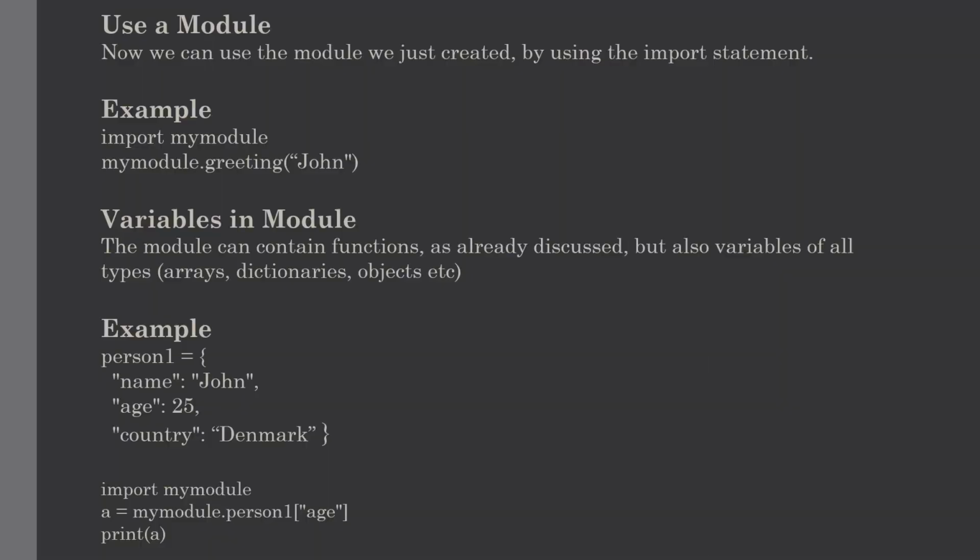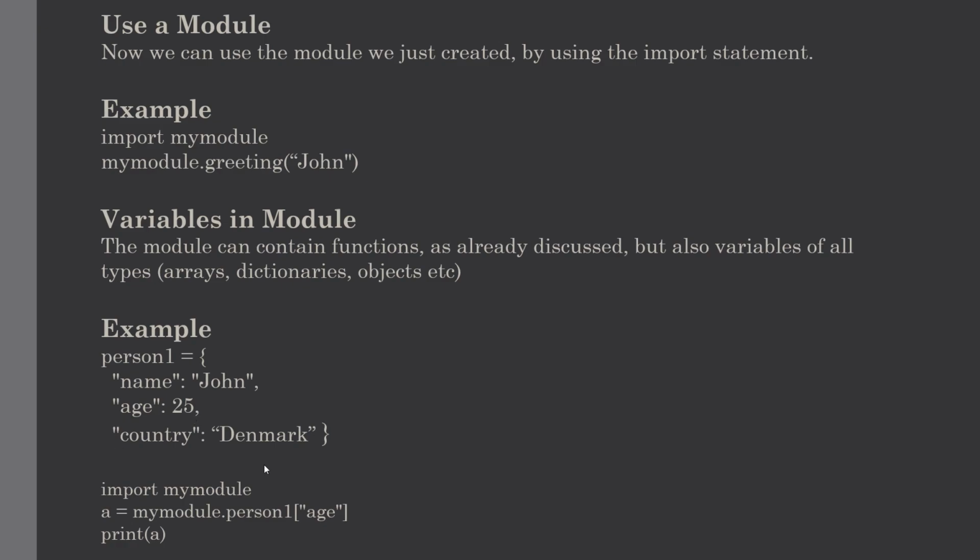Our next topic is variables in a module. The module can contain functions, as already discussed, but also variables of all types. It can be arrays, dictionaries, objects, etc. In this example, we have saved the code in a file named mymodule.py. The file contains one dictionary named person1, which has three key-value pairs, namely name, age and country.